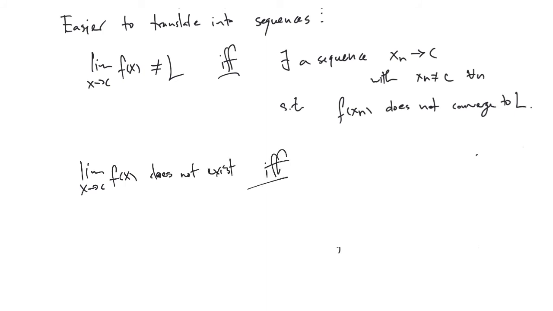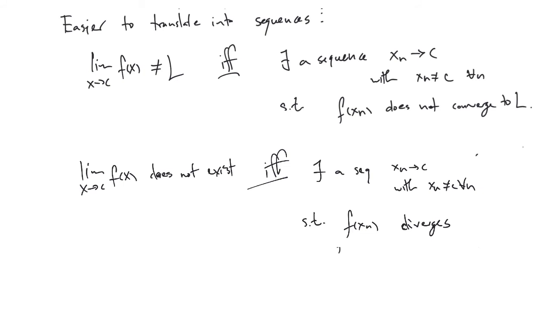Well, to write that in terms of sequences, I'm going to write the same thing, but instead of f of xn does not converge to L, I'm just going to say does not converge at all. So this will say, there exists a sequence xn approaching c, with xn not equal c for all n, such that f of xn diverges.